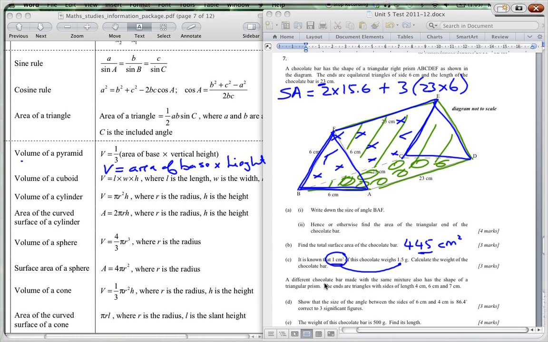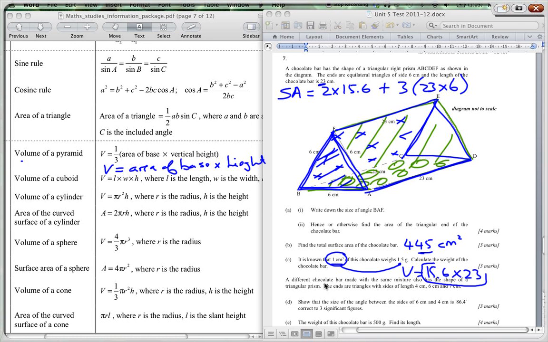So we know what the area of the base is, so the volume would equal 15.6, that's the area of the base, we've already worked out, times the height, which is 23, so it's times 23, and that will give me my volume.